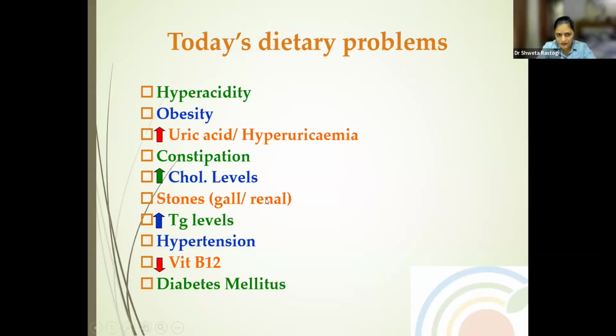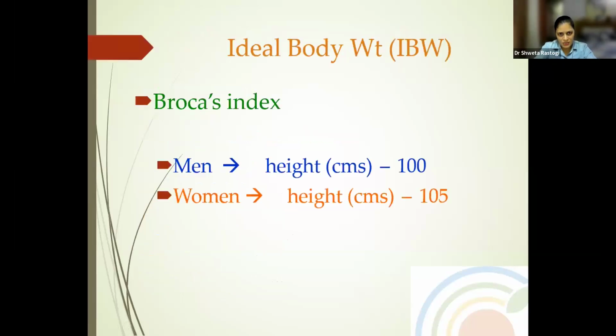High cholesterol levels: we have covered high cholesterol levels and triglyceride levels in the heart diseases diet. Stones, both gallstones and renal stones. Then hypertension, decreased vitamin B12 levels, and diabetes mellitus. So this will give you a broad idea about how you manage so many conditions by giving you an overview of the diet that we generally prescribe to our patients.